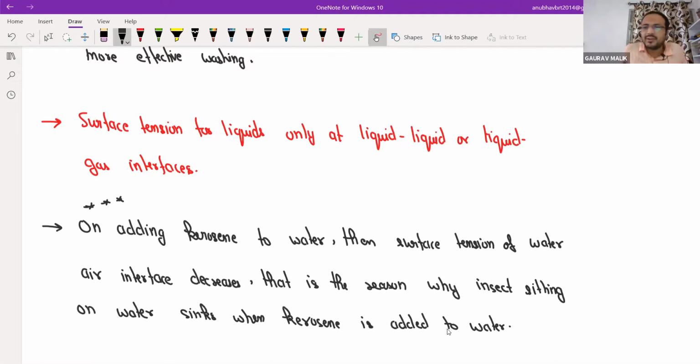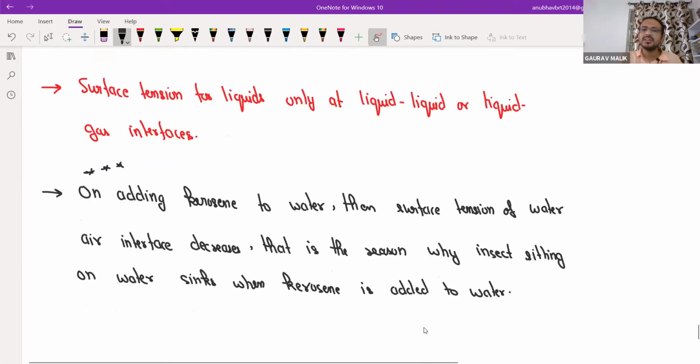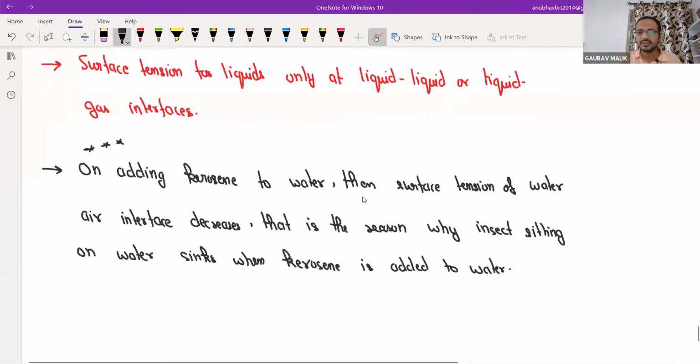I hope now it should be clear to you. Yesterday, one student gave the answer, sir, mosquito will drink the kerosene and then he will sink. It is not a case of drink and drive. Is it clear? So on adding kerosene to the water, the surface tension of the water-air interface decreases, and that is the reason why insects sitting on water sink. Is it clear up to this point?